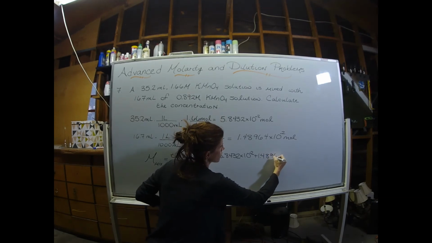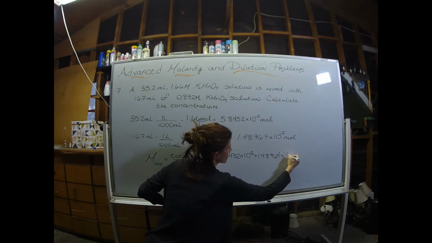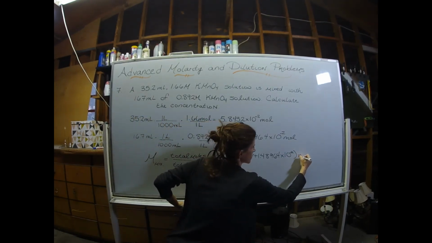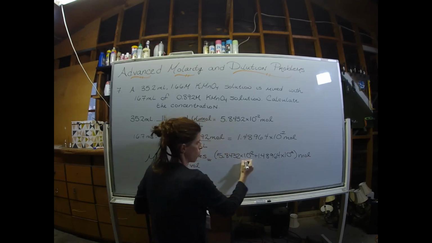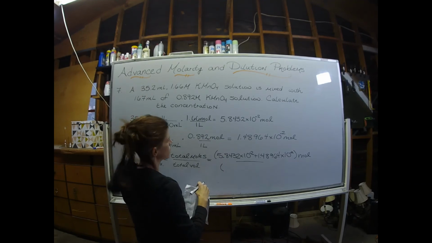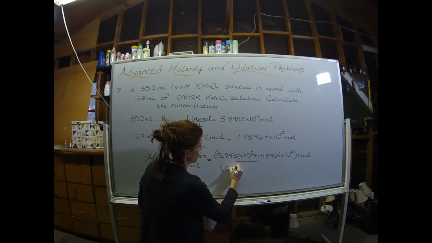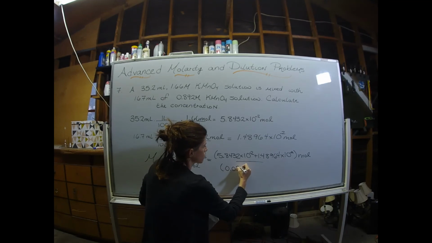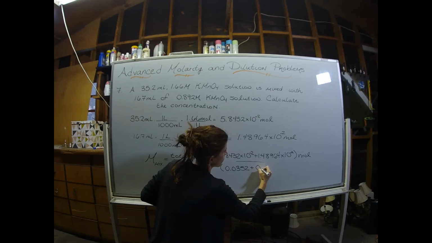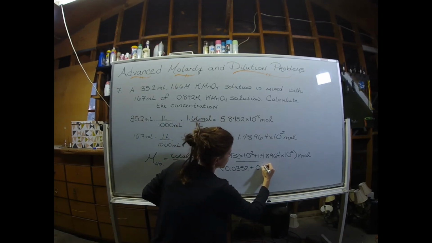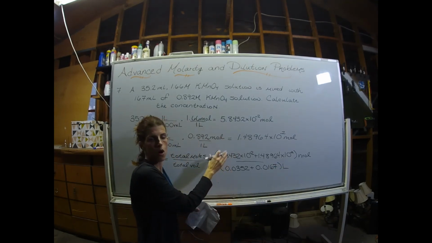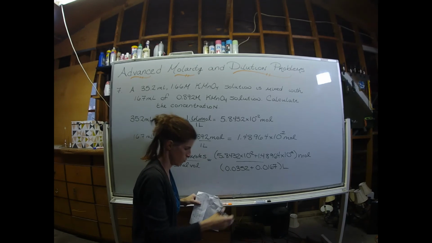And you can actually plug it into your calculator the way I'm writing this here, as long as you use the parentheses. So we have total moles in the numerator, and then in the denominator, yes, these are in milliliters, but let's just move the decimal place over. So we're going to have 0.0352 liters plus 0.0167 liters. So total moles over total volume.